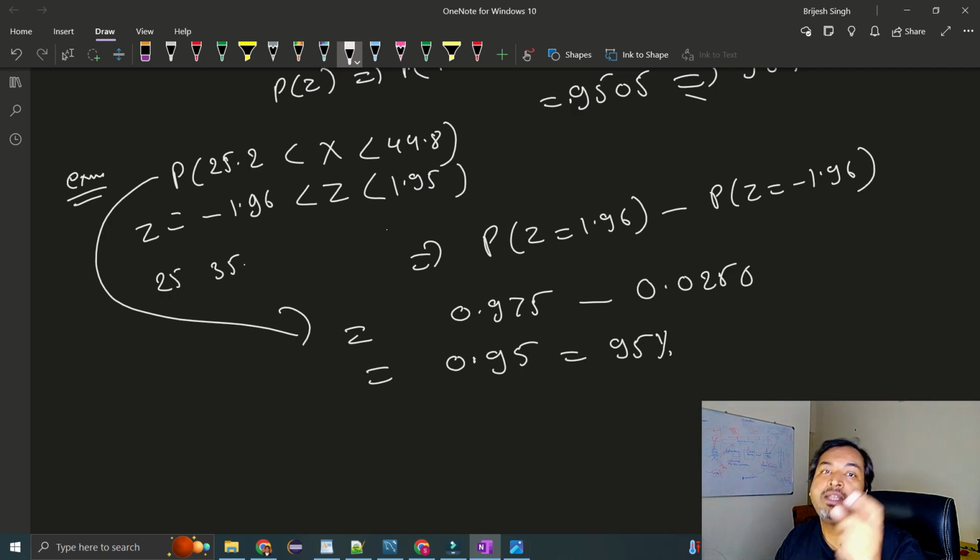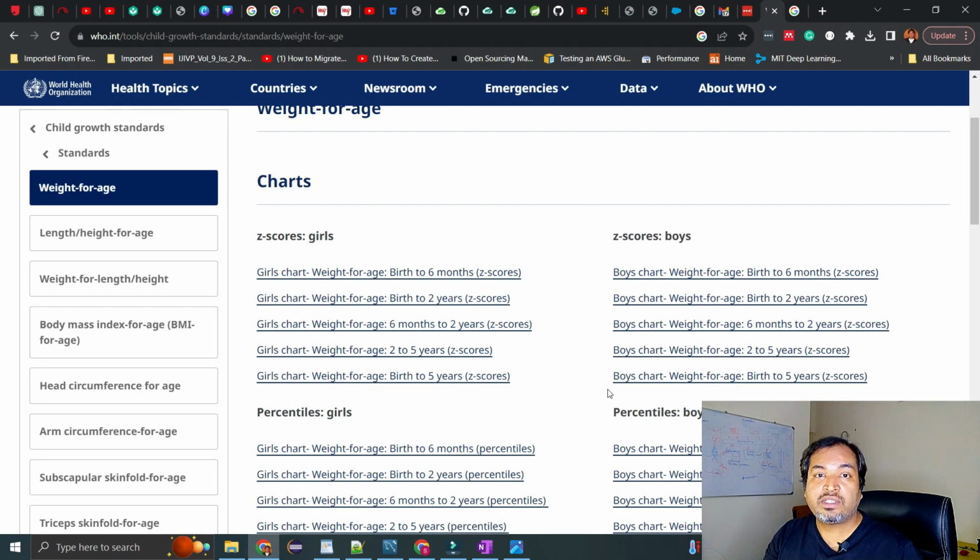Why is this Z table so significant, and in which applications can we use it? Z score is tremendous, used across a lot of applications, and a lot of research papers have been published based on Z scores.